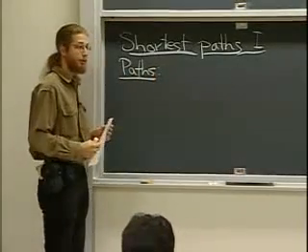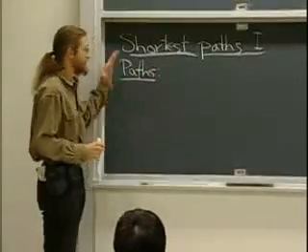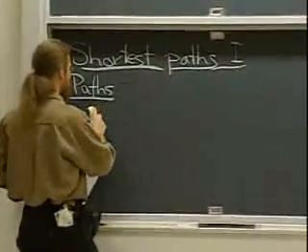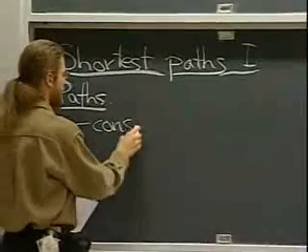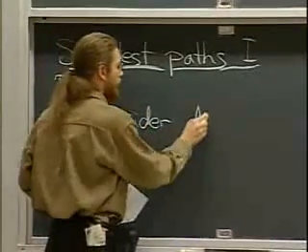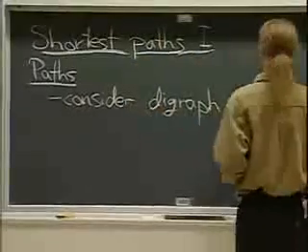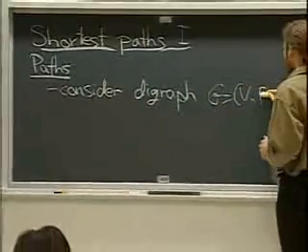Now, hopefully you all know what a path in a graph is, but some very quick review, in particular because we're going to be looking at weighted graphs. So the usual setup: suppose we have a directed graph, G, with some vertices and some edges.